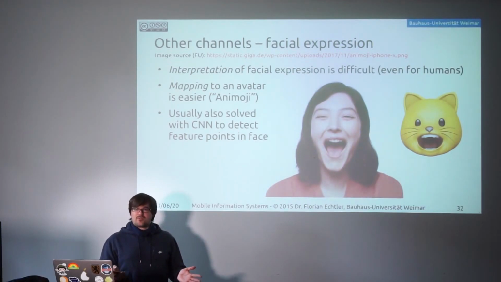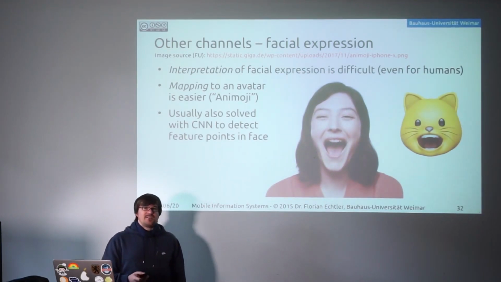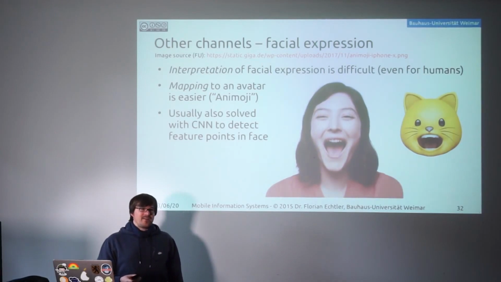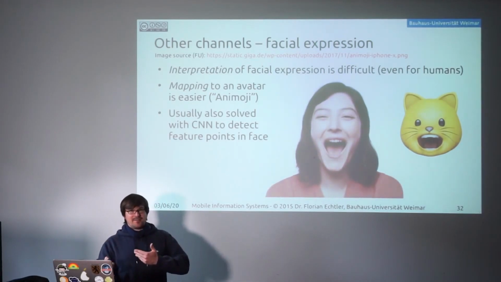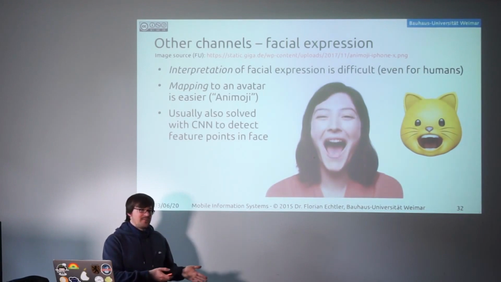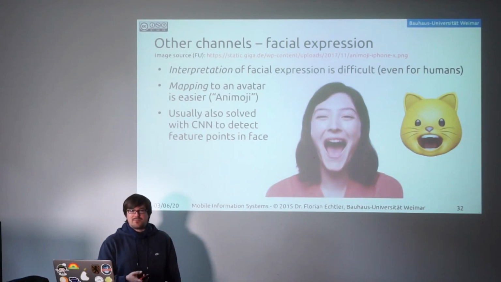So this is basically just a funny communication feature. It's not really something useful per se, but again, it's an input channel that you can use to map data from the environment, specifically in this case from your face, to something on your mobile device. And this is something people actually use, so some iPhone users are apparently quite keen on that.